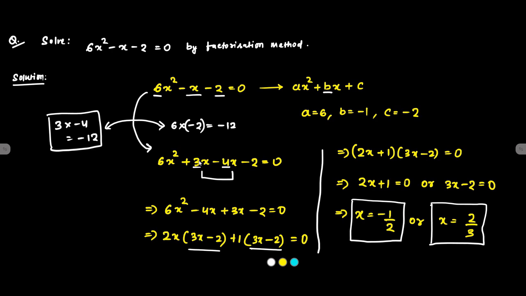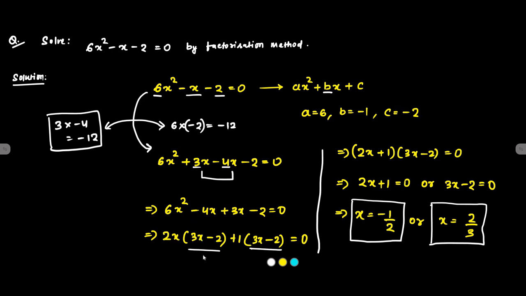So the product of those two split terms is also equal to minus 12, the product of the two extreme terms, 6 into minus 2, a times c. So this is the concept. Always remember this concept. And then the remaining thing is to factorize the expression.